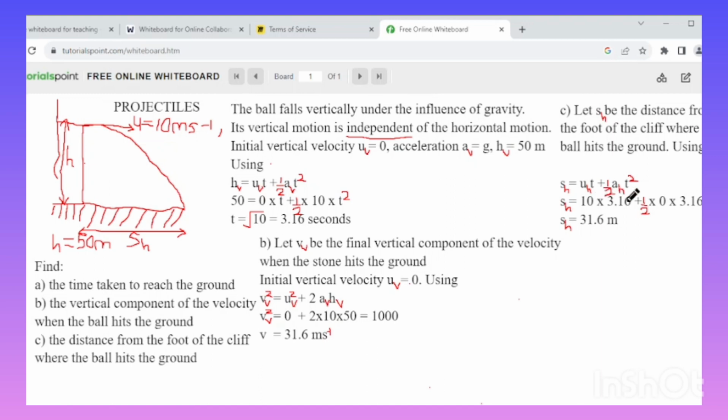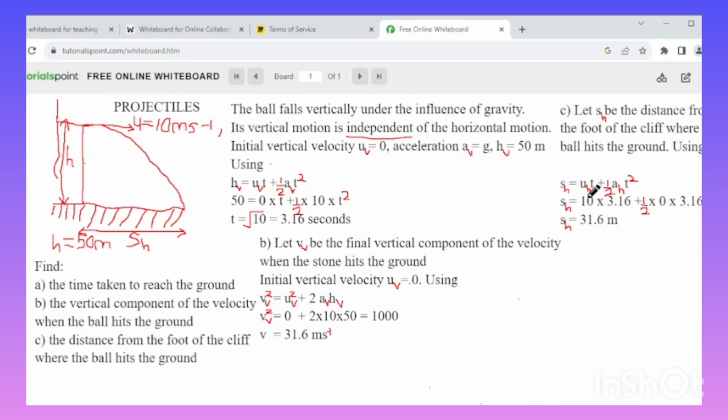Then we write that equation in terms of the horizontal motion, which is s subscript h is equal to u subscript h times t plus half a subscript h t squared. Then our s subscript h is equal to our initial horizontal velocity u, which is 10, the 10 that we were given here.